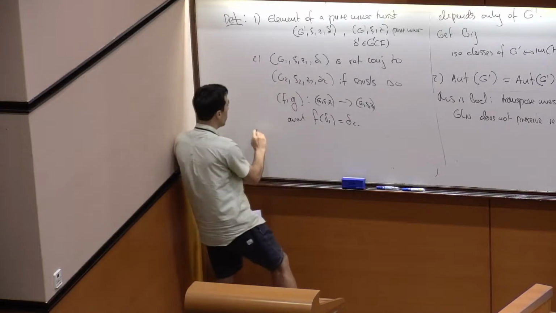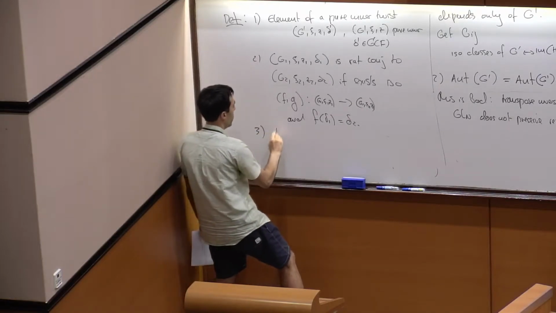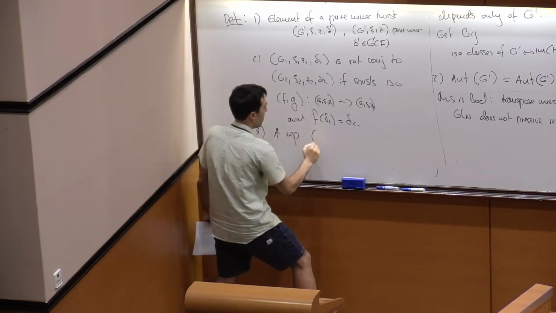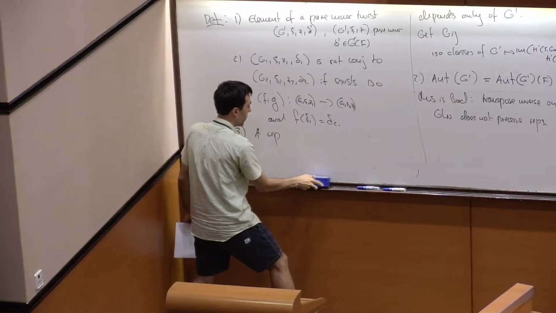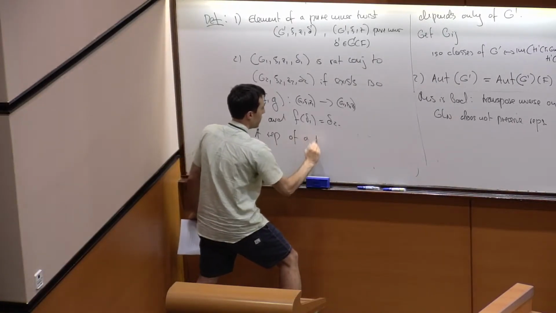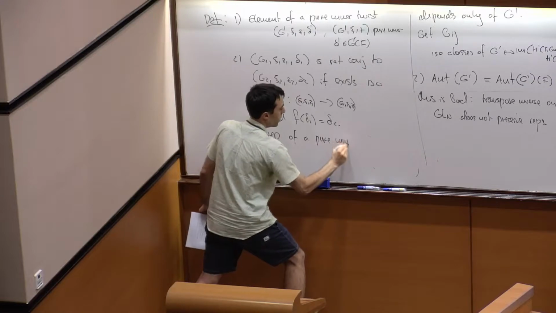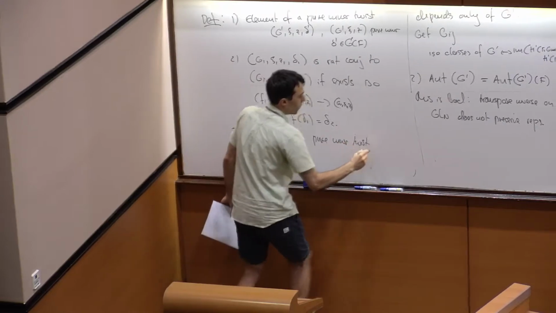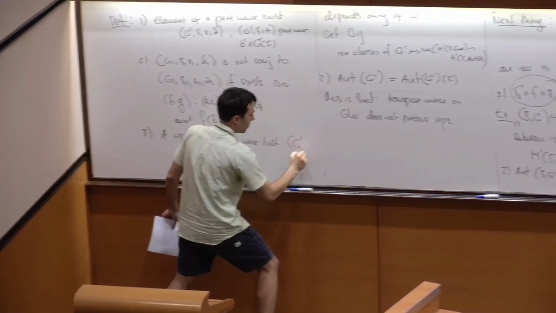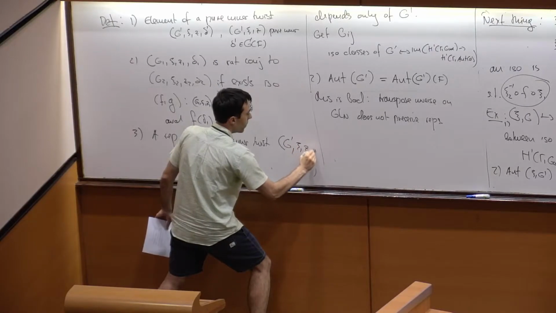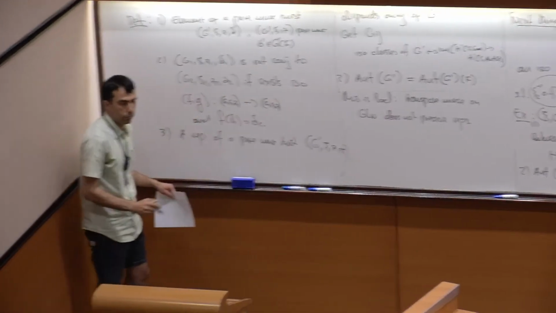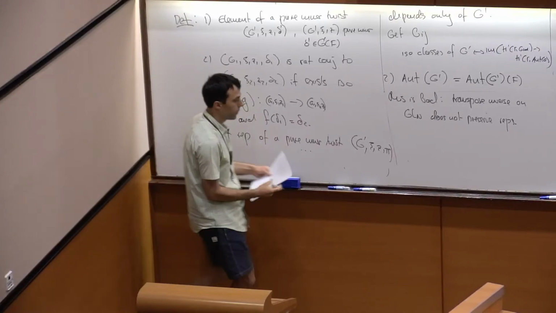And then there is a corresponding concept for representations. So a representation of a pure inner twist is going to be a datum like this. Pi, you can fill in the blanks if you like. This is a pure inner twist.